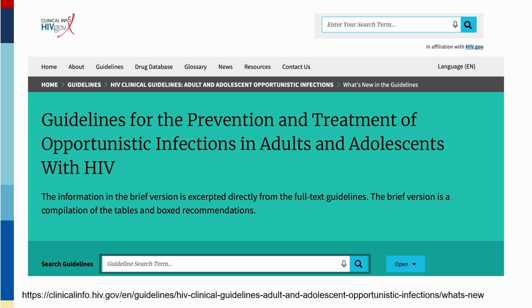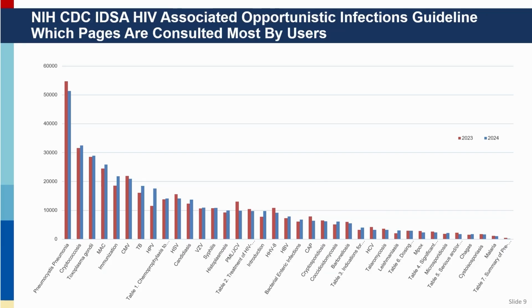If you look at how people use the guidelines, this presumably is some indication of how often you're concerned about or you see these diseases. And if you go from left to right here on the slide, pneumocystis, cryptococcus, toxoplasma, MAC are the most commonly accessed sites. So I think these are still common. And I wish I had better data, but I think this means that these diseases are common.